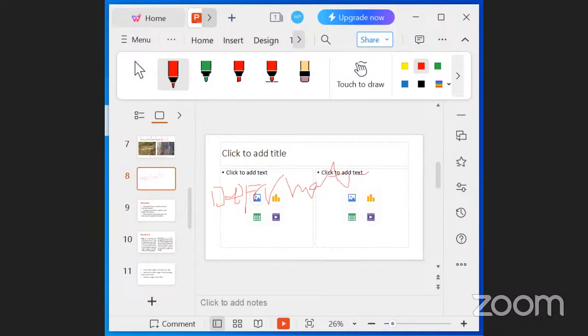D-E-F-O-R-M-A-T-I-O-N. Deformation. This term applies to a process in which the original rock is modified.